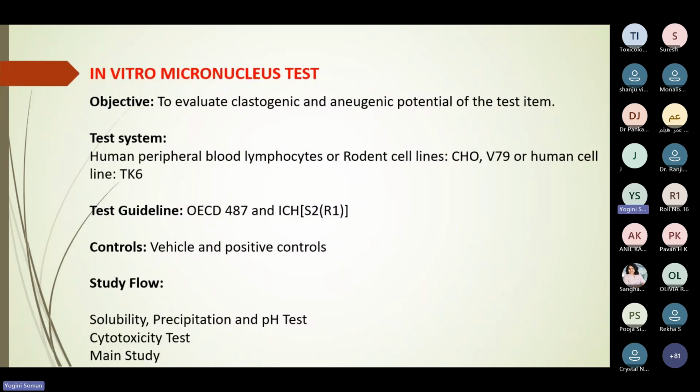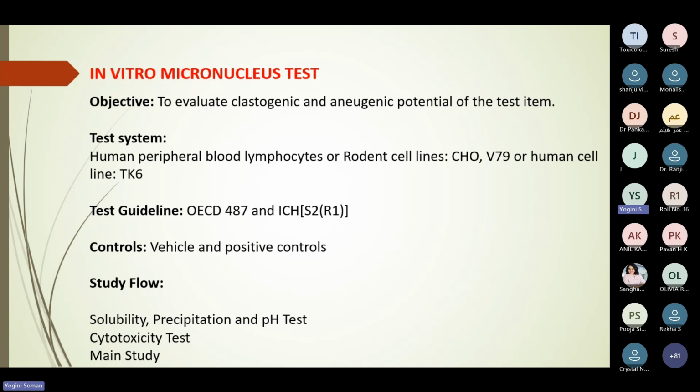The next part is the in vitro micronucleus test. Instead of the in vivo micronucleus test, you can conduct the in vitro micronucleus test, which is a second battery assay after the Ames test, mostly for pharma compounds. The objective of this assay is to evaluate the clastogenic and aneugenic potential of the test item.